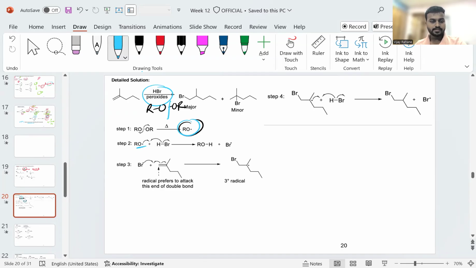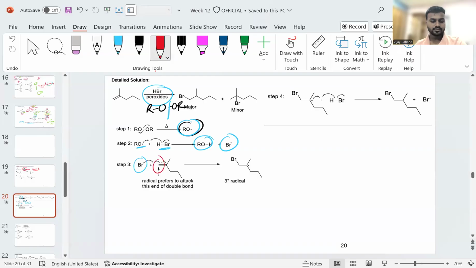Then this OR radical reacts with the HBr. It forms the alcohol plus Br radical, and this Br radical reacts with the alkene. So this is the alkene. The Br radical attacks the carbon atom which has more hydrogen atoms, the least substituted one.